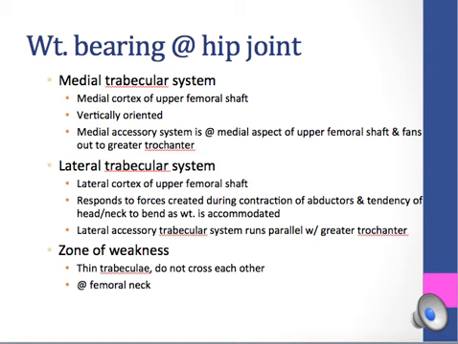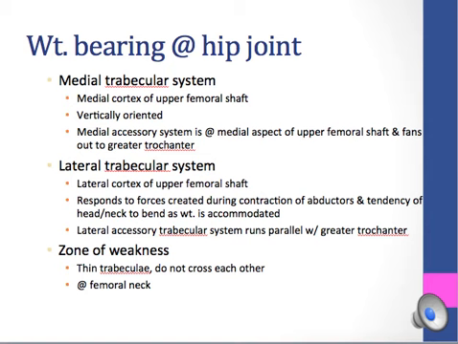And why do we care about this? Well, that zone of weakness is where we start to see that we might have some increased fractures in this area, and that it's really in between. So we see the medial is at that femoral head, and then the lateral system collides with that, right?